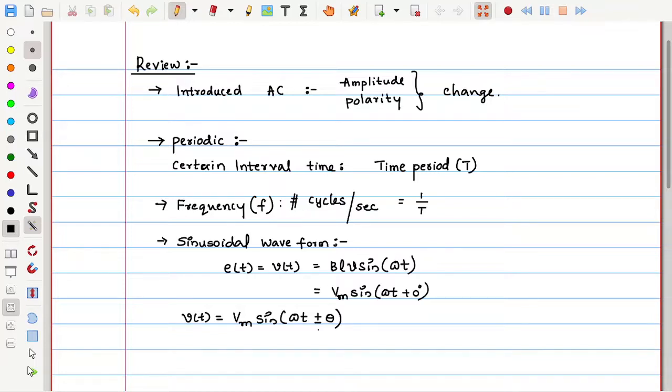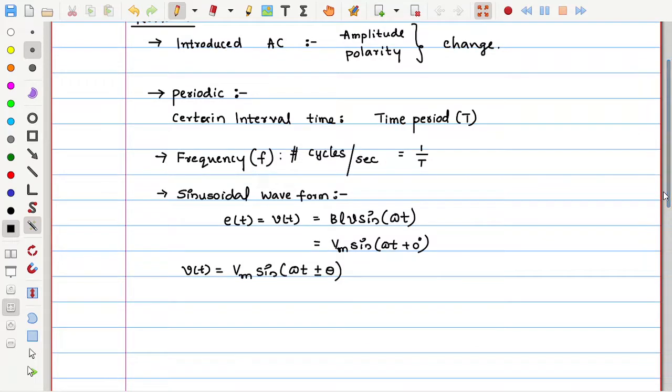This is the sinusoidal voltage, whose peak value is Vm, angular frequency is omega, and this omega can be represented as 2 pi f in terms of frequency, or 2 pi by T in terms of the time period of this waveform. And this theta represents the amount of shifting of the waveform, whether it is shifting towards the left side or towards the right side.